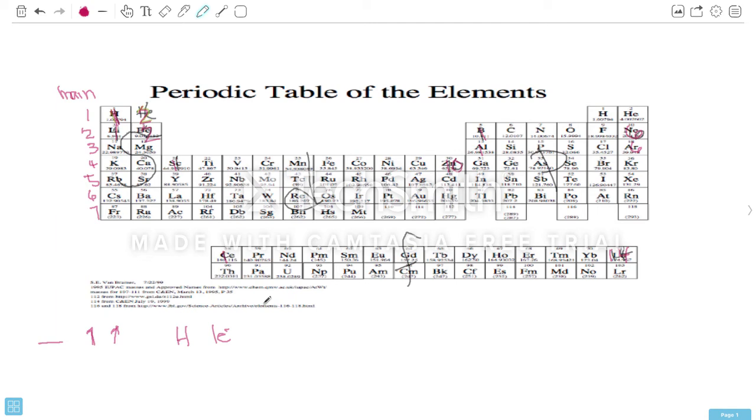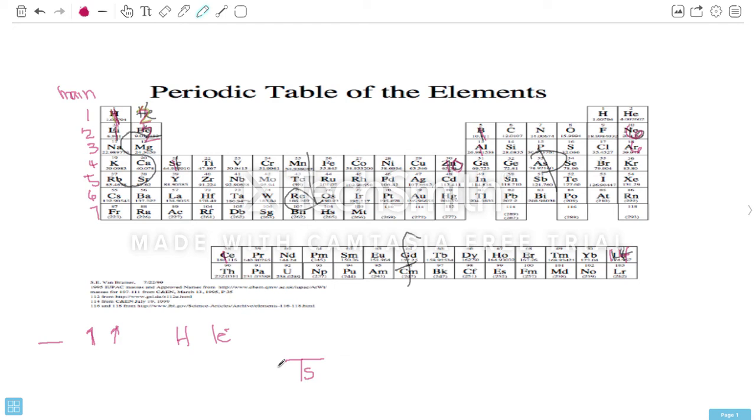And so whenever we write these orbital notations, we always have to start with the lowest energy level. The lowest energy level is always period 1. So I'll start with a 1. And then the next thing is a sublevel. Hydrogen is an S block element, so I will write the letter S. The S sublevel only has 1 orbital, so I'm going to draw my line.